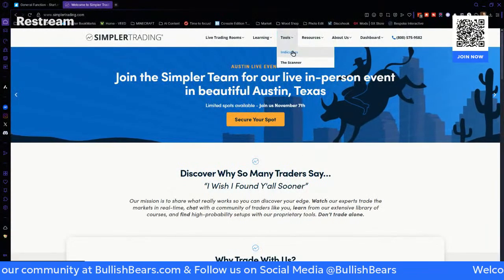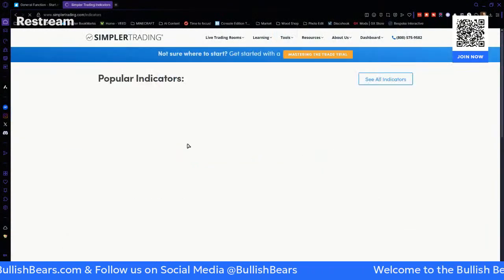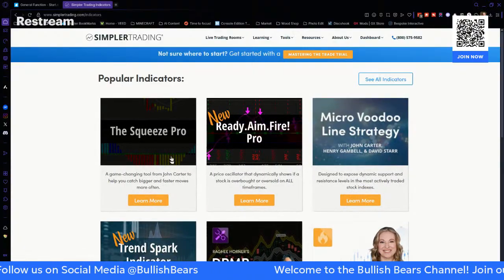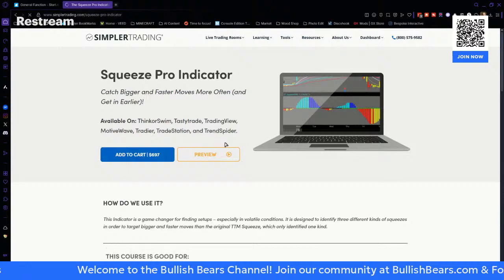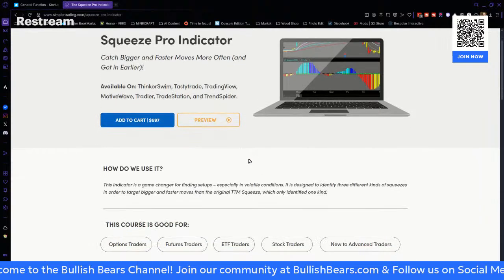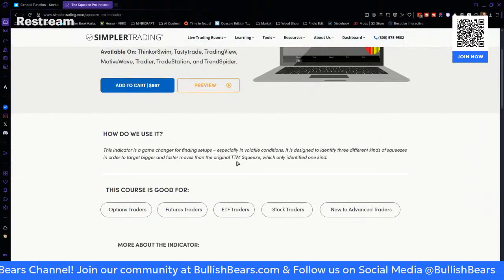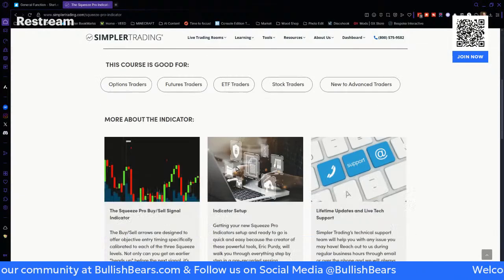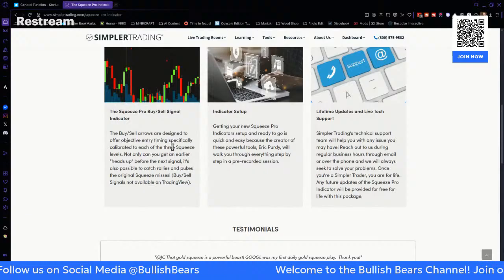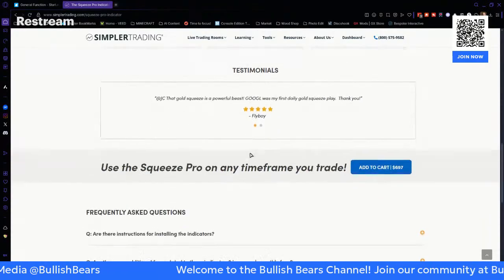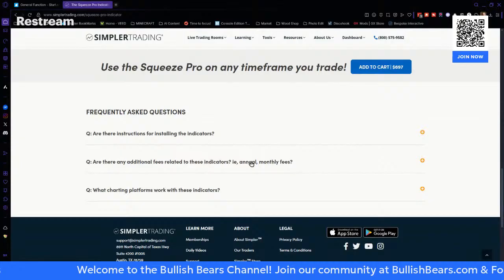And if I go to the indicators, we can see what his indicator is doing, the Squeeze Pro here. I don't think they tell us in this everything that it does, but I know what it does. So we're going to get there, right? So details on what their indicator is designed to do.